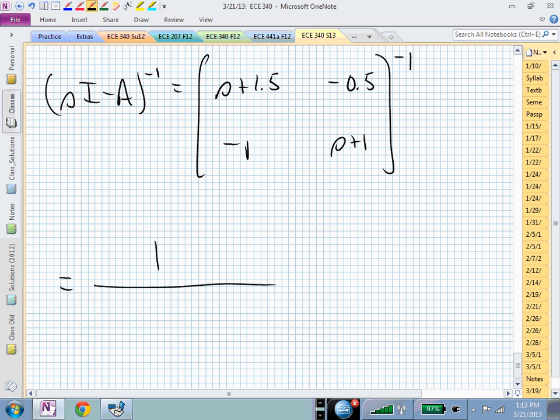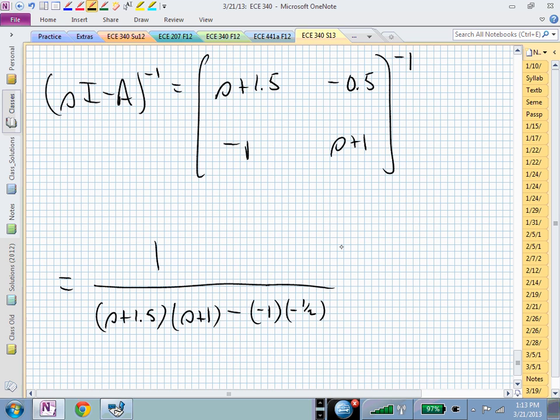And the determinant is the product of the diagonal elements minus the product of the off-diagonal in this 2x2 matrix. I now have S plus 1.5 times S plus 1 minus a minus 1 times a minus 1/2. That's the determinant. And that's a polynomial that's always in the denominator of this SI minus A inverse matrix.